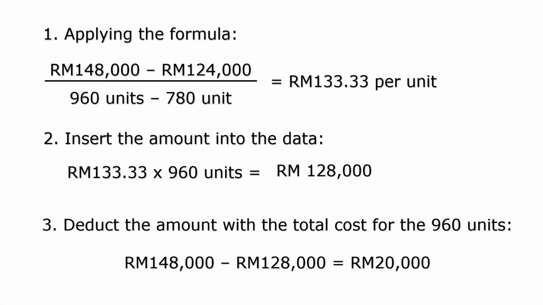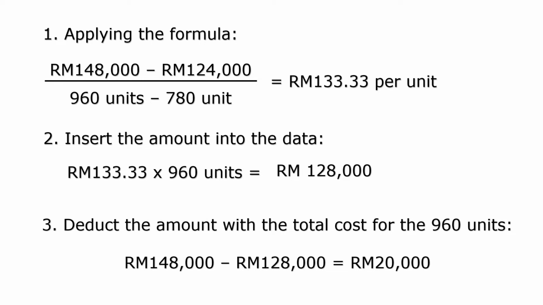Now since we have determined the highest and lowest activity levels, and the relevant cost for the highest and the lowest output in our previous slide, it is now time for us to apply the high-low formula. So we compare the cost for the highest activity level and the cost for the lowest activity level.